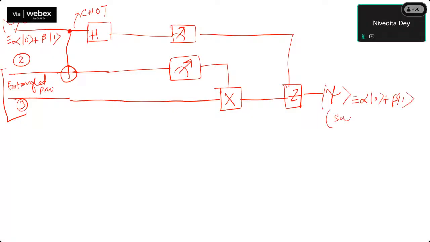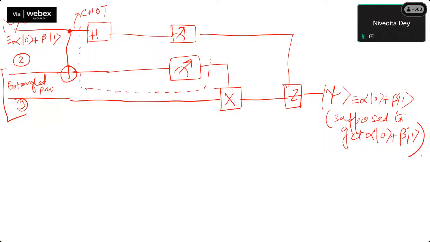So we are supposed to get this alpha 0 and beta 1. And this part is a part of Alice's encoding and measurement.